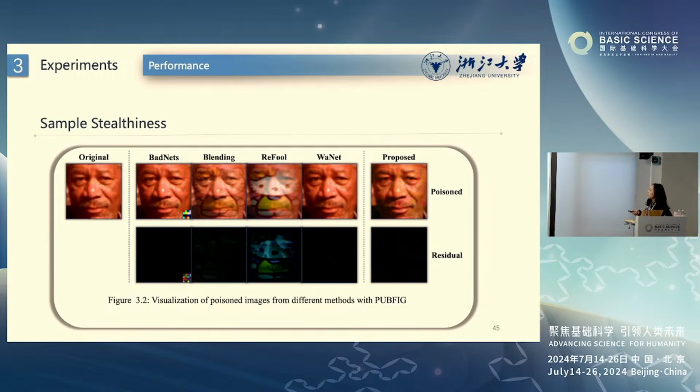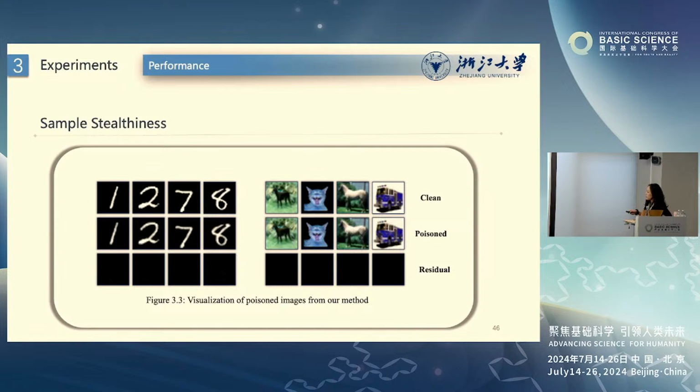We can tree, but the trigger image finds the image from our method. Our plan is the original.